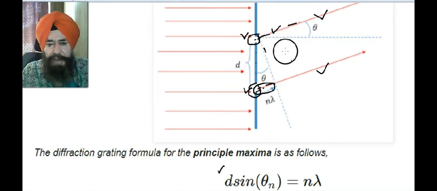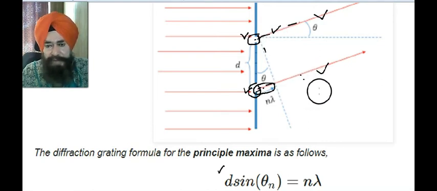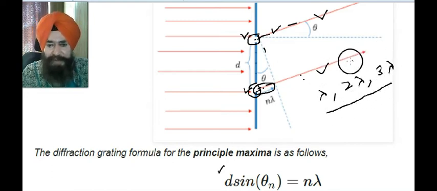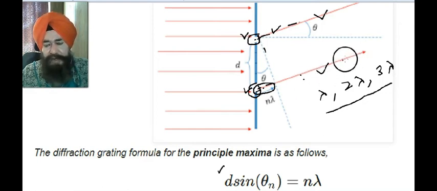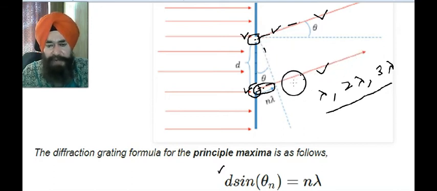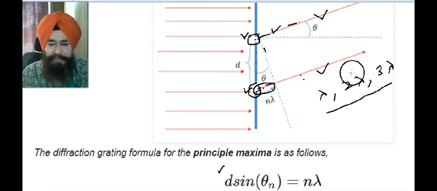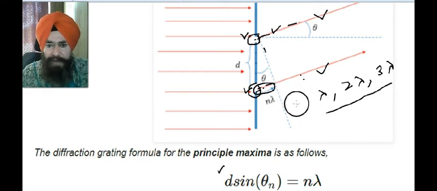And if the path difference between the two is lambda, 2 lambda, 3 lambda, then there will be constructive interference. We get maxima on the screen if the path difference between the two is lambda, 2 lambda, 3 lambda, like that, or if the path difference is 0.